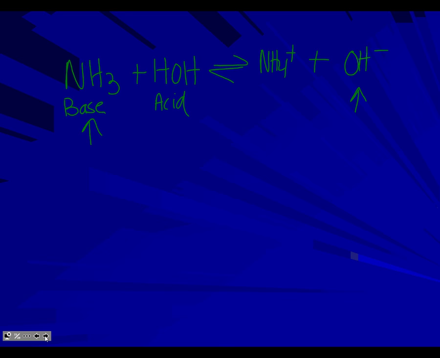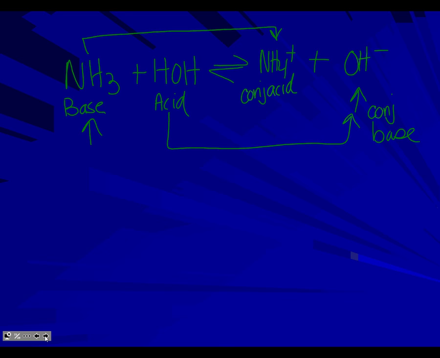Remember, our conjugate acid is our base molecule plus a hydrogen. So here is our conjugate acid. And our conjugate base is our acid molecule minus a hydrogen. So here's our conjugate base, and once again we have two conjugate acid-base pairs in our problem.